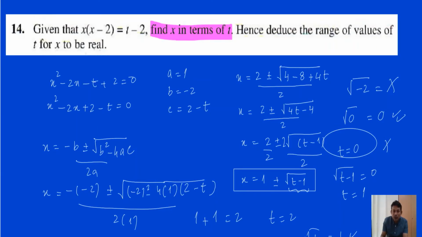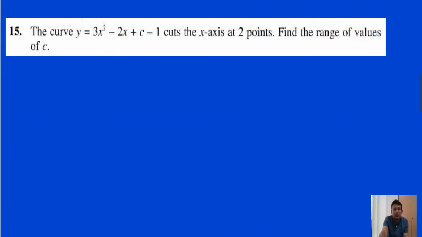When you write 1 minus 1, it's coming 0. Oh, and we do not need 0. So it means your value of t should be equal to and more than 1. All values for this, this is the range that you can find.